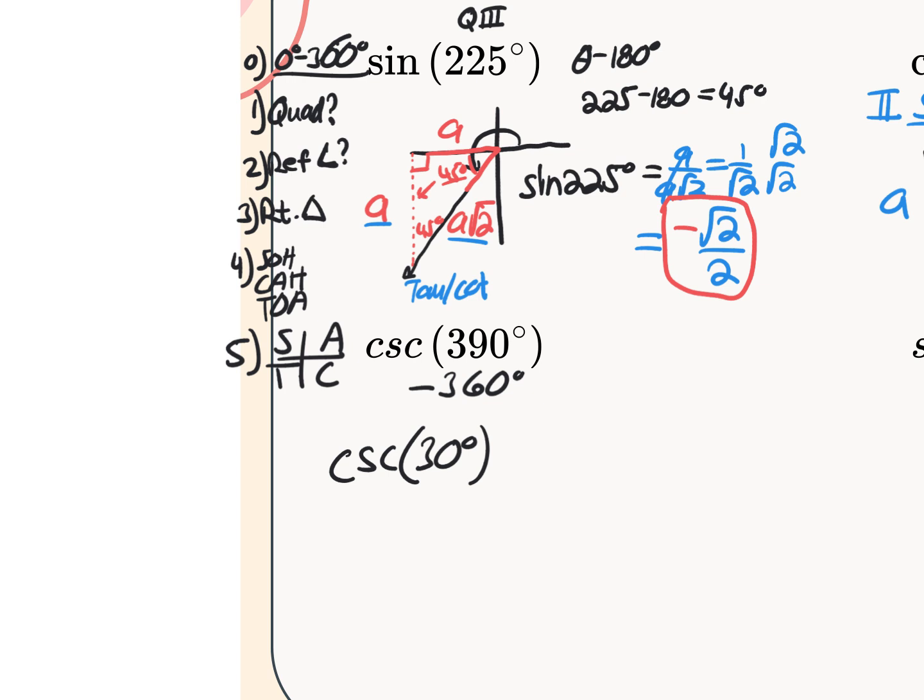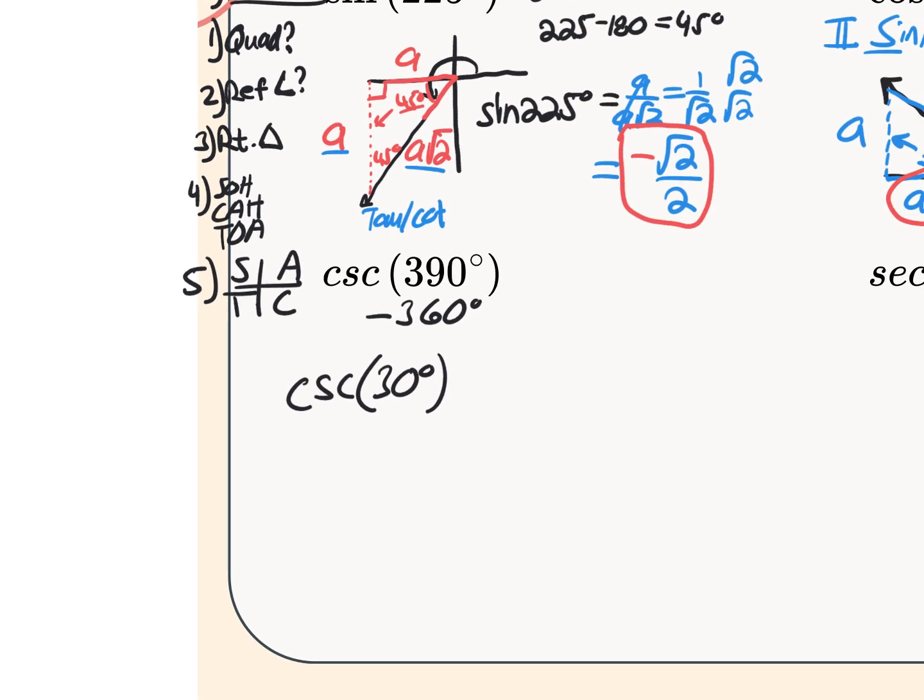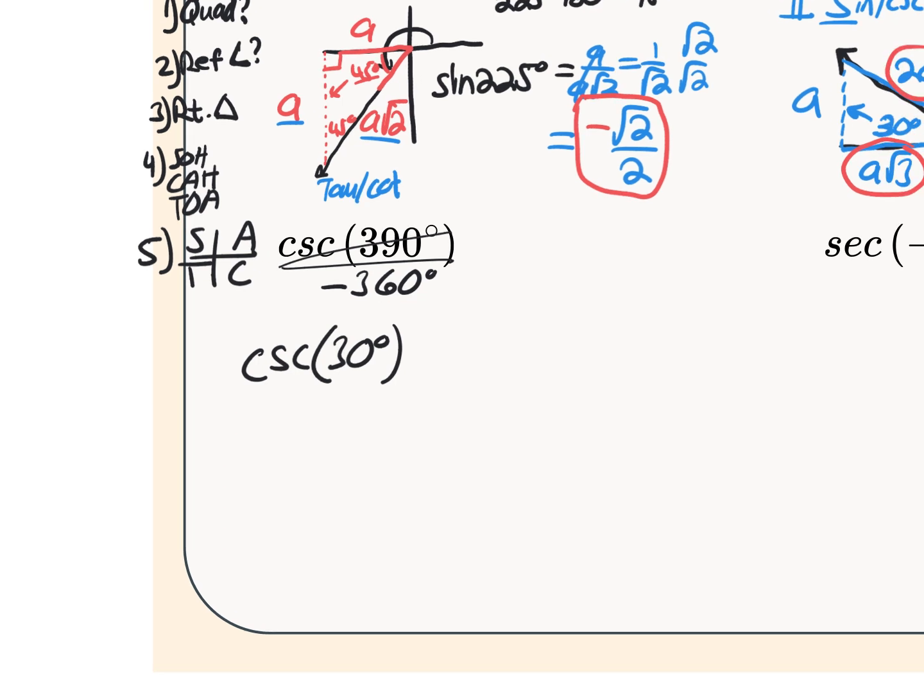Hopefully we're okay with that. What we did is we just subtracted a full rotation just to make the angle easier to visualize. Once you do this, you really don't need to go back to 390, because cosecant of 30, since it's coterminal, is going to give us the exact same value.